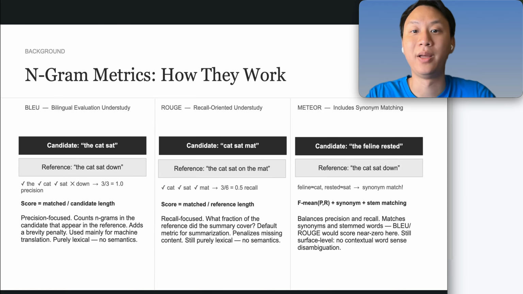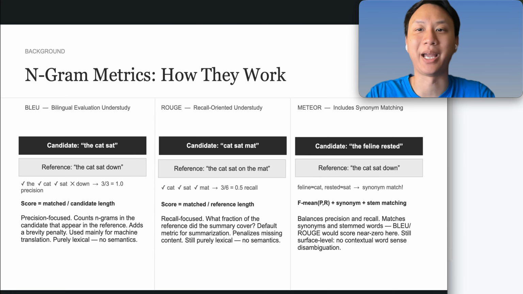And so then we have the slightly newer METEOR metric, which makes an attempt at doing something beyond just word to word matching, right? And so it has like a mini thesaurus in the back, and it's actually trying to map synonyms.